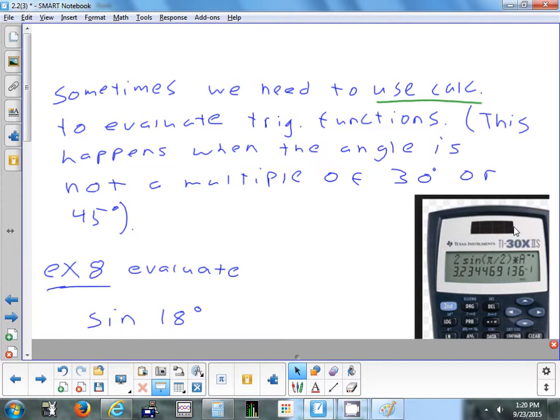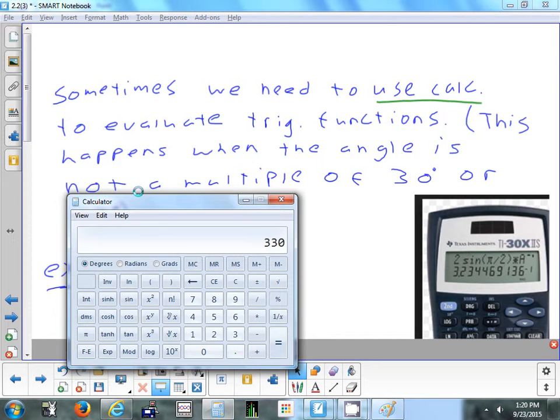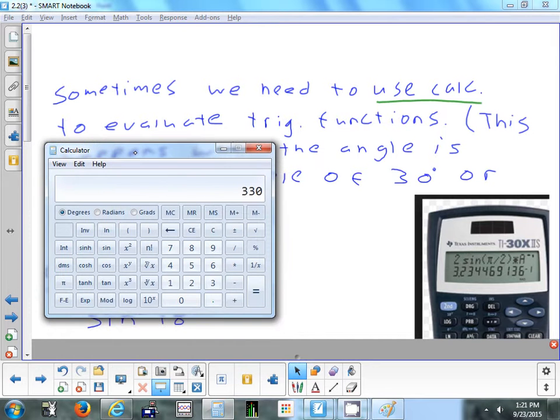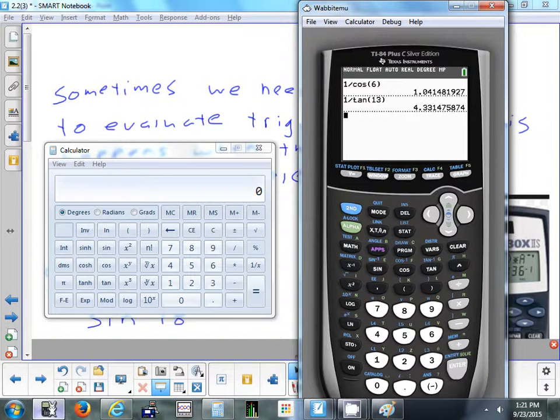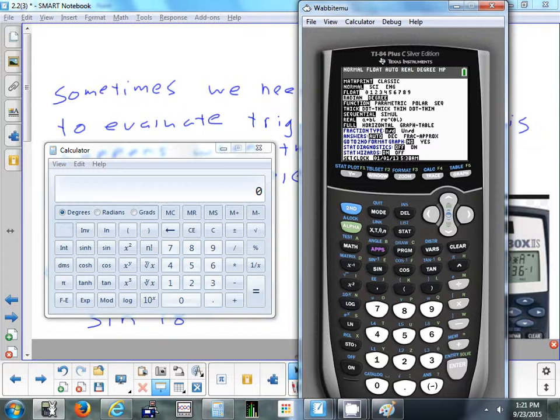If you're using a calculator like this at home on the computer, the choice for degrees and radians is just that little circle right there. You just click that. In this case, I want degrees. If you're using a graphing calculator, is anybody using one? Yep. You go to mode, and under mode, you have 2 choices: radians and degrees.